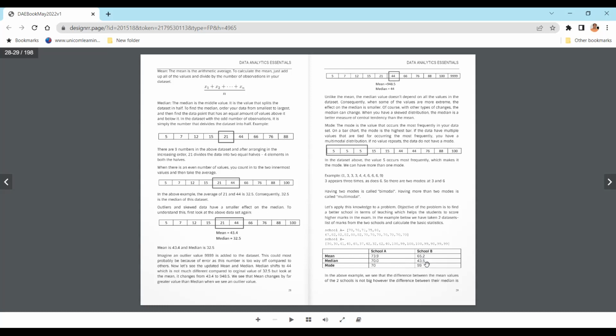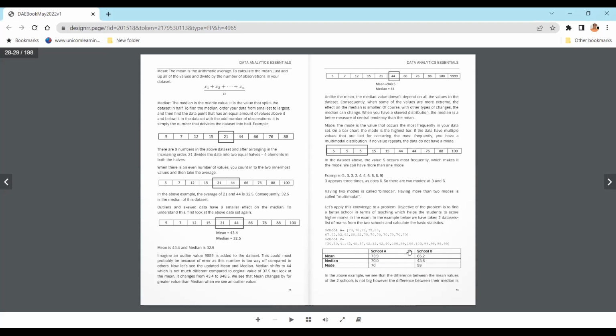So there is a lot of difference between marks in school B. And school A is, see, mean, median, mode are all in the same range, right? So that means here all the students have scored kind of normal marks, but here there are a lot of differences, and that's what you can see from the data also.